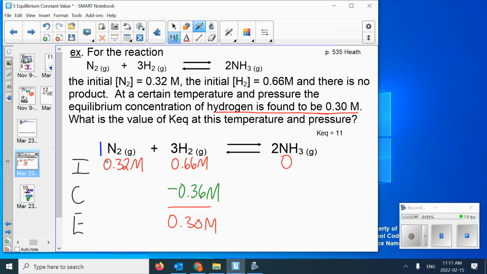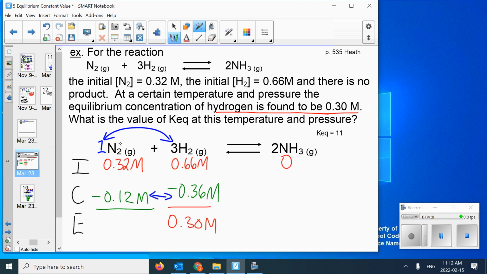It's a 3-to-1 ratio. So if you go down by 0.36, a third of that, because of the 3-to-1 ratio, is 0.12. If you don't know that, use a calculator, that's not a problem. So, 3-to-1 ratio for nitrogen, so I'm going to go minus, because it's on the same side, 0.12. The change here, the 0.12 to 0.36, is in a 1-to-3 ratio.